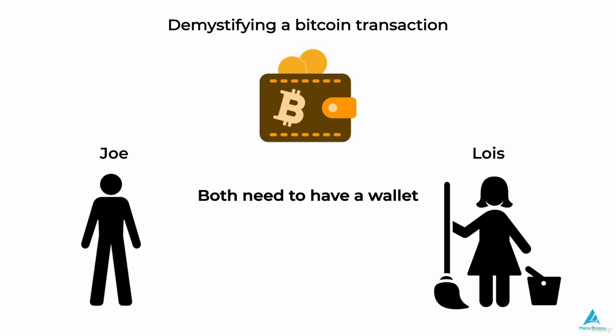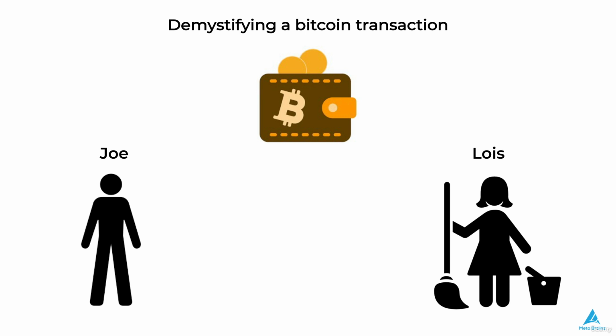So, they both need wallets because these bitcoins exist just virtually and wallets have private and public keys. These private and public keys make Bitcoin transaction possible. Public keys are like addresses to a given wallet to which the sender, in this case Joe, can send funds to the receiver, Lewis.